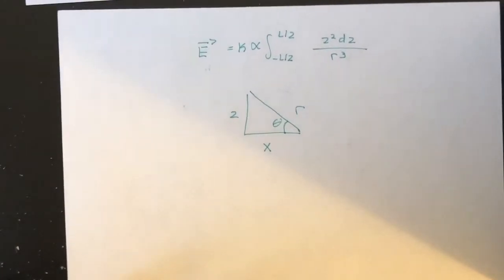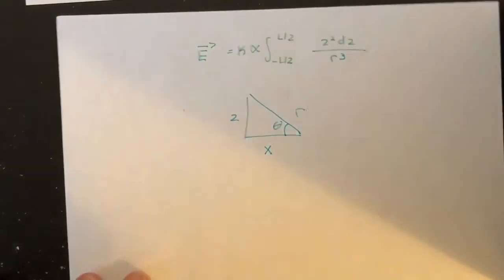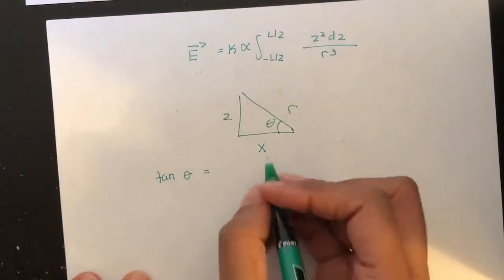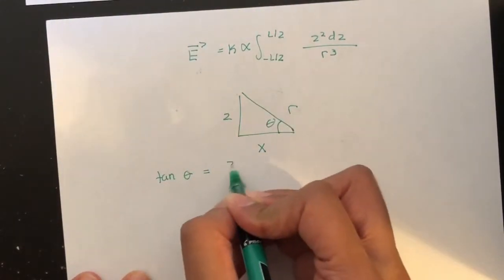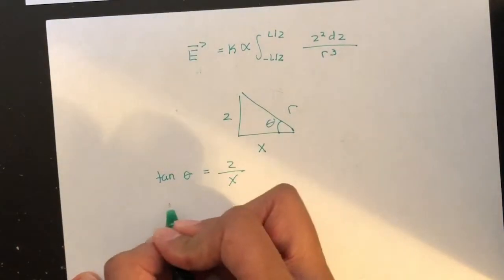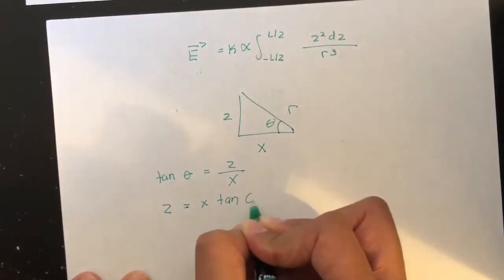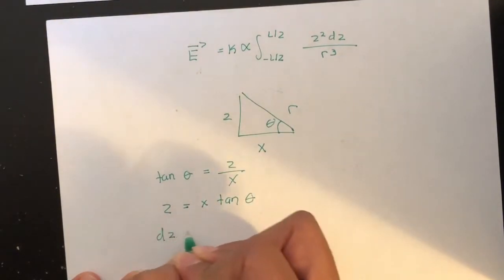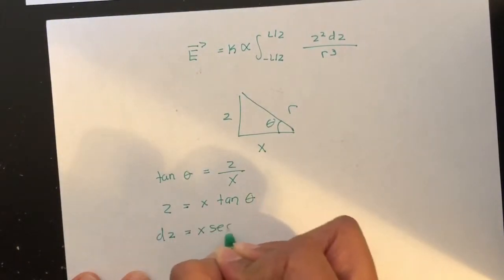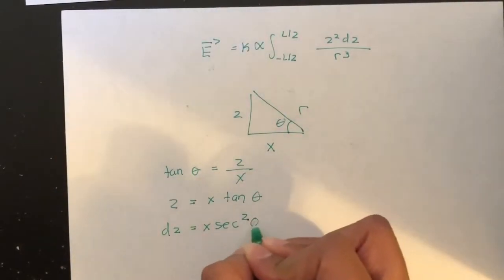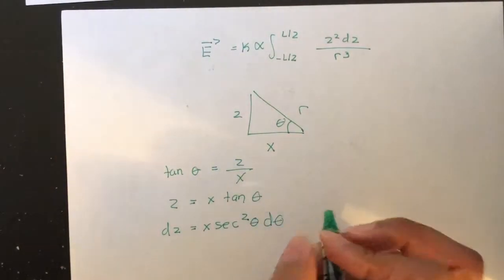We're going to do some trig. So tangent theta is equal to opposite over adjacent, so z over x. z equals x tangent theta. dz equals x secant squared theta d theta.